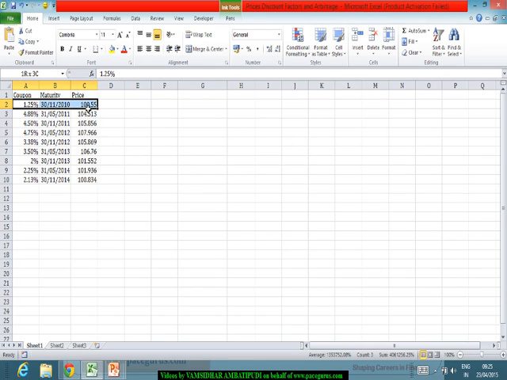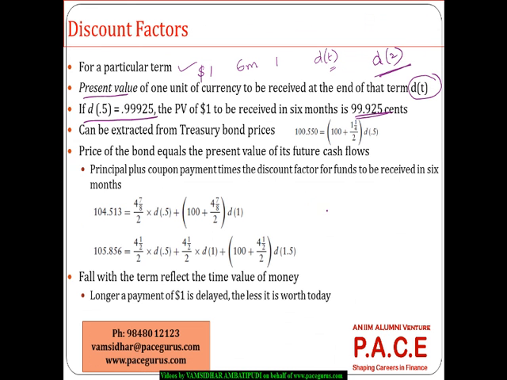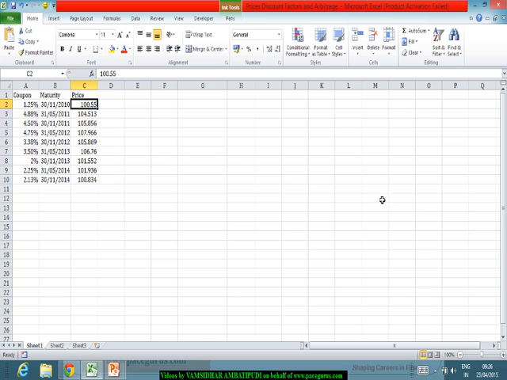Now this is what the treasury bond is. It's paying a coupon of 1.25%, maturing 6 months from now. The current price of it is 100.55. Now what we are saying is the price is equal to the present value of all the future cash flows. Now what is the future cash flow for this particular bond?